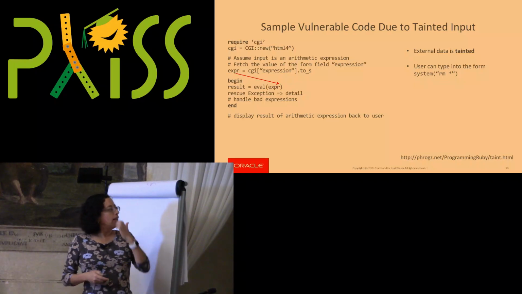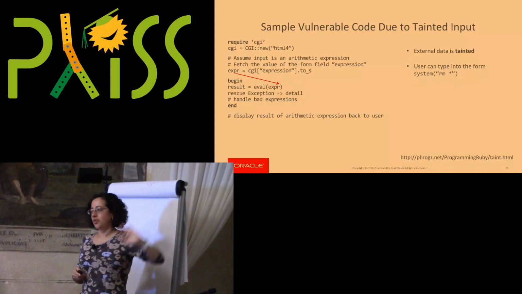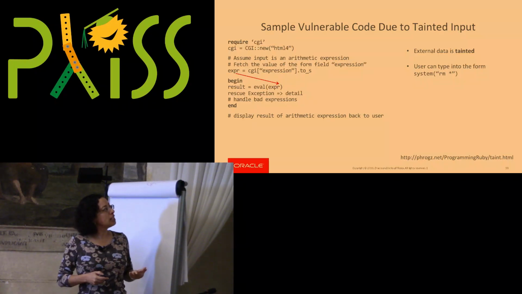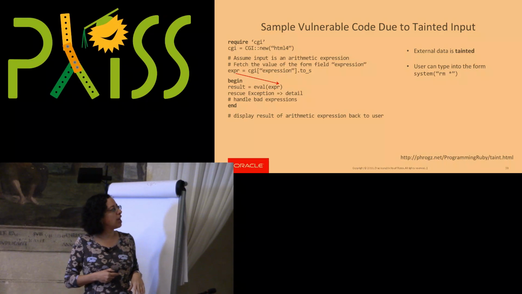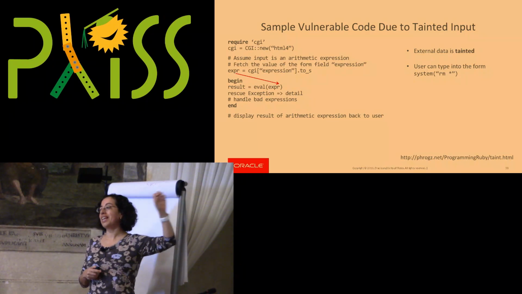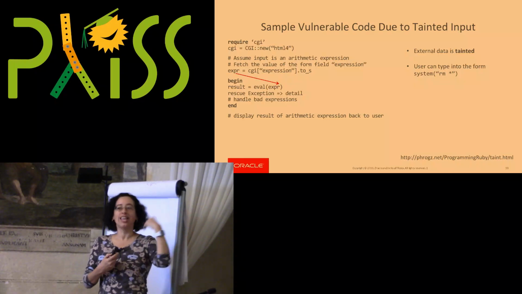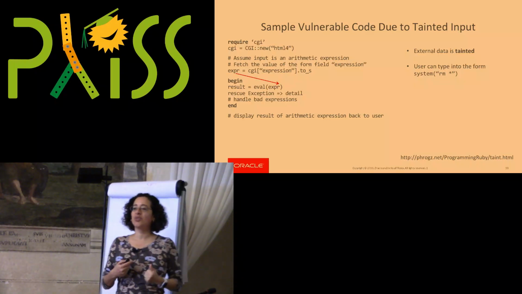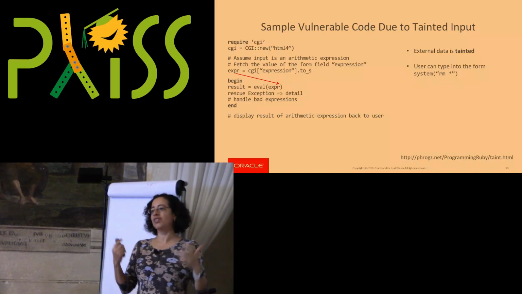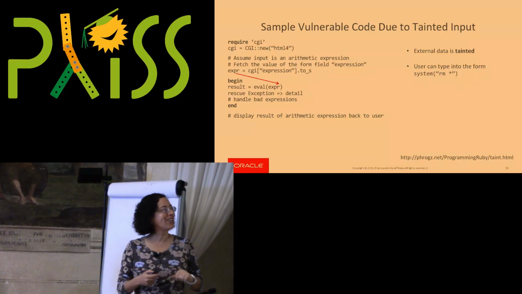Now, let's say that there was some piece of code, right? In this particular code, we have a CGI form, and we're going to get an expression. So assume someone has written a calculator and all we want to do is arithmetic expressions. We're going to say, give me your expression, I'll execute your expression, like 2 plus 3, 10 times 20, whatever, right?